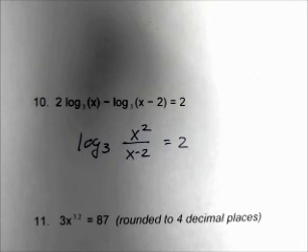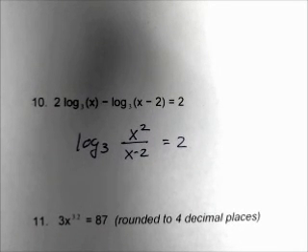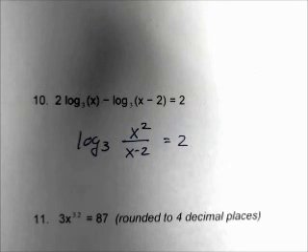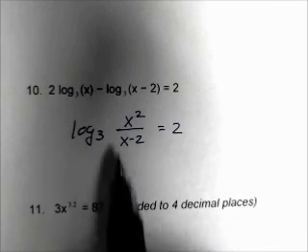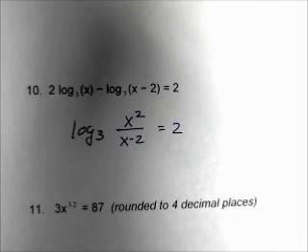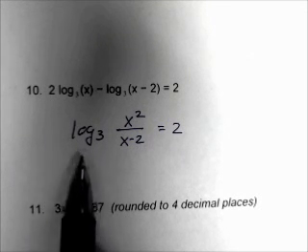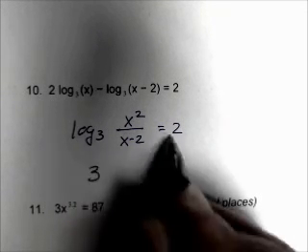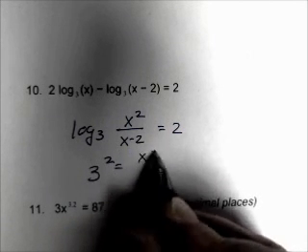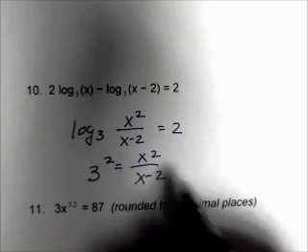Okay, so we have log base 3 of the quotient x squared over x minus 2 is equal to 2. This is log form. Switch to exponential. So our base 3 exponent 2 is equal to x squared over x minus 2.